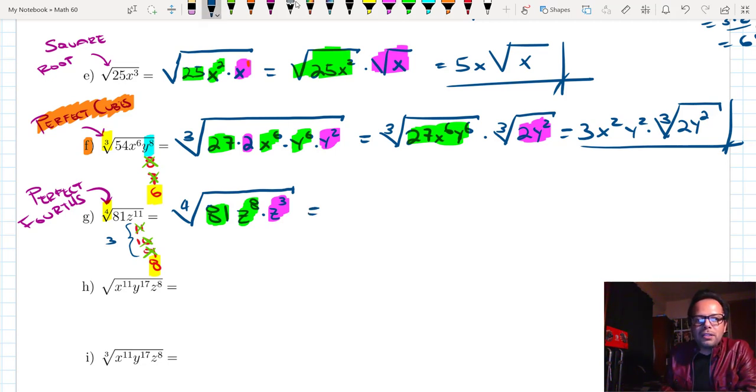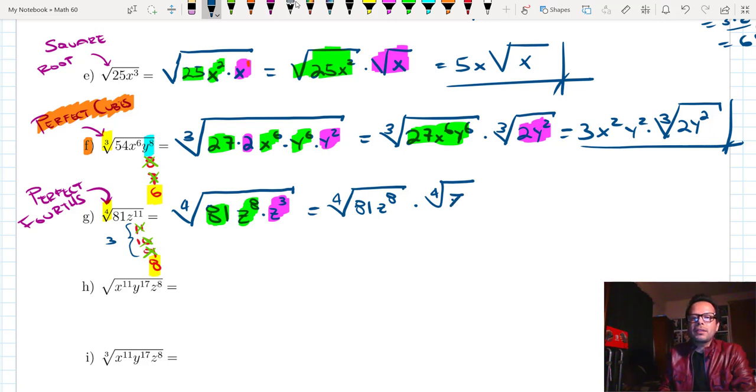Now let's break this up into the product of two radicals. Again, the product of the radical with the quantities in green, that is the quantities that have a perfect fourth, times the radical with the quantities inside that do not have a perfect fourth root. Again, keep highlighting with green the ones that are perfect fourths, with purple the ones that are not.